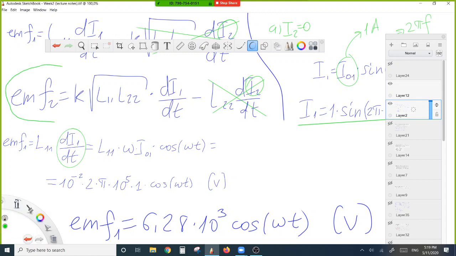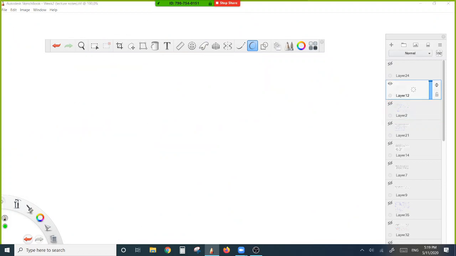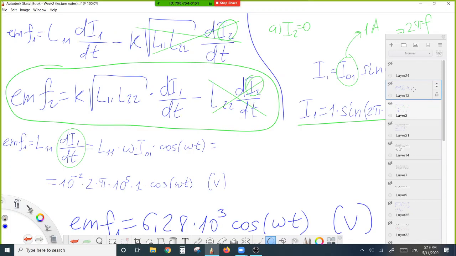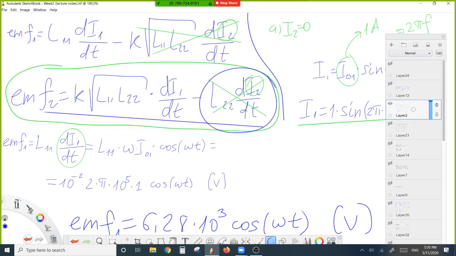Electric motive force 2 is given by this equation, and if we want to compute electric motive force 2, we have electric motive force 2 equal to K. So electric motive force 2 is equal to this expression, where this term is 0 only in the case of our problem, not in general.